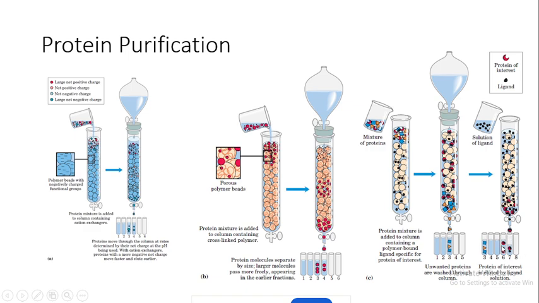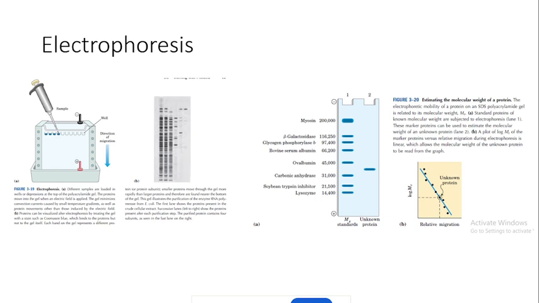Then you can collect your specific antibody by using this antigen-antibody interaction. So these are the three processes of protein purification we saw.